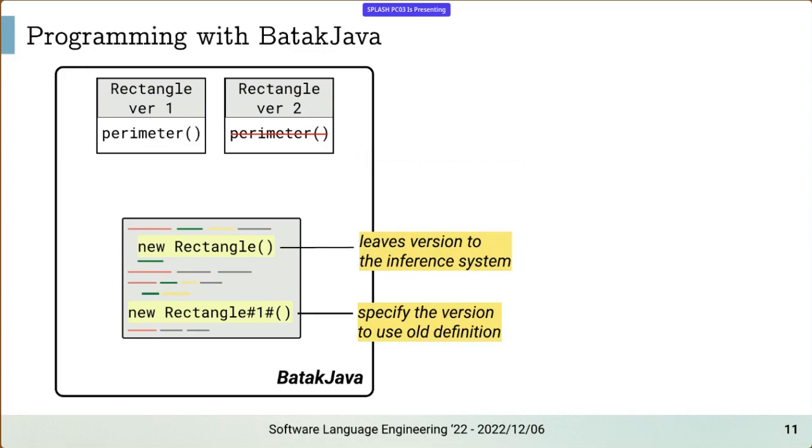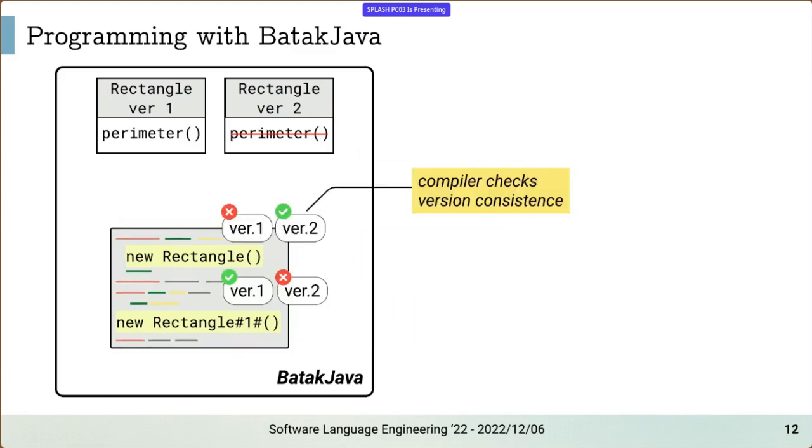Either we create an instance as usual, leaving the versioning to the compiler to find out through an inference system, or, if we want to make sure the program behaves in a way that fixes a certain version, we can use some form of version annotation on the instances.